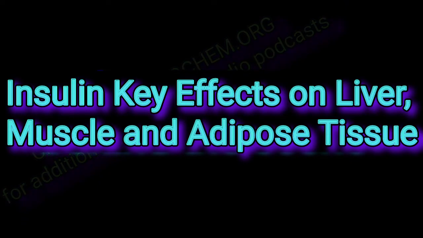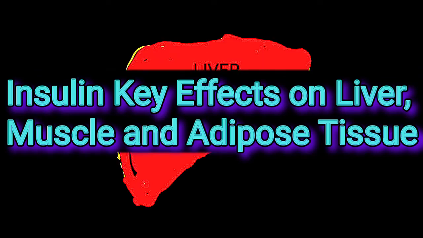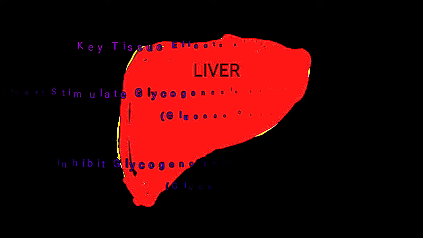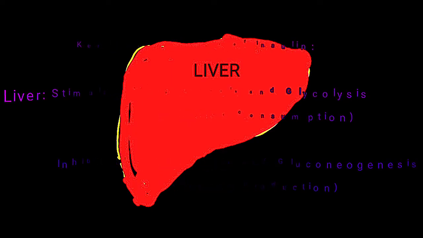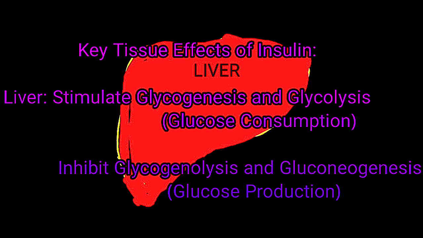In order to adequately explain insulin resistance, one must recall some of the key tissue effects of insulin when it is released. Insulin produced in the well-fed state will have remarkable effects on at least 3 important tissues, affecting their respective metabolism.